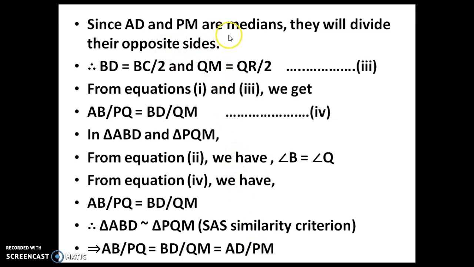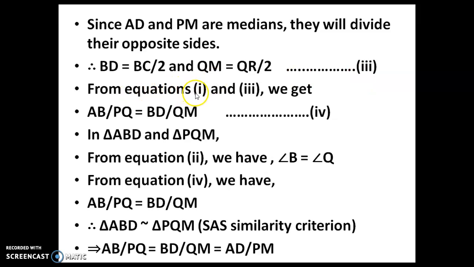Since AD and PM are medians, they will divide their opposite sides. The median means they cut the line into two halves. That's why BD equal to BC by 2, the BC line is divided by 2. Similarly, QM equal to QR by 2. This is our third equation.